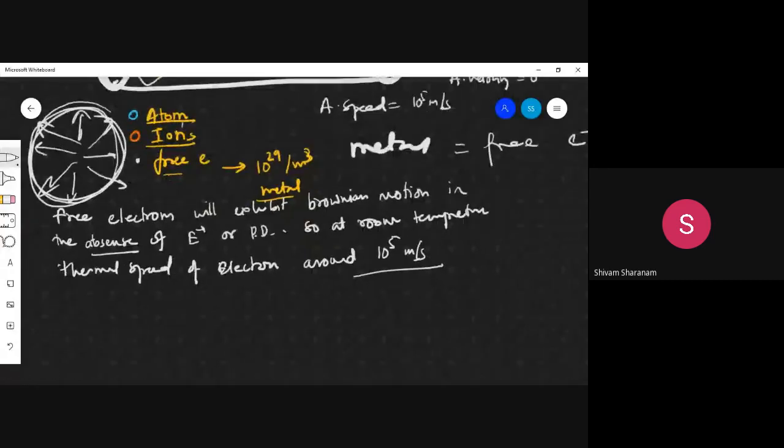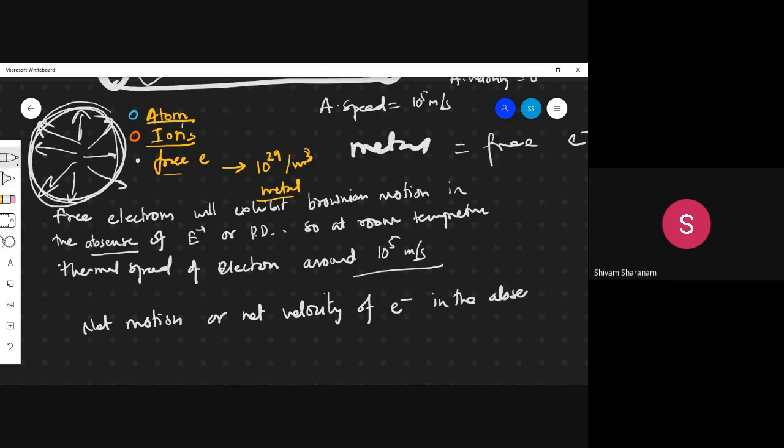So net velocity, not speed, net velocity of electrons in the absence of electric field is 0.